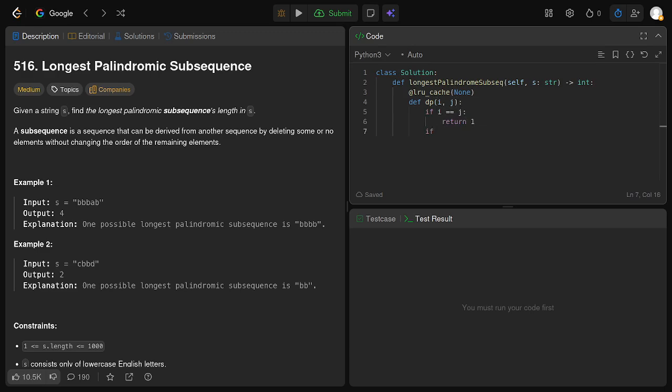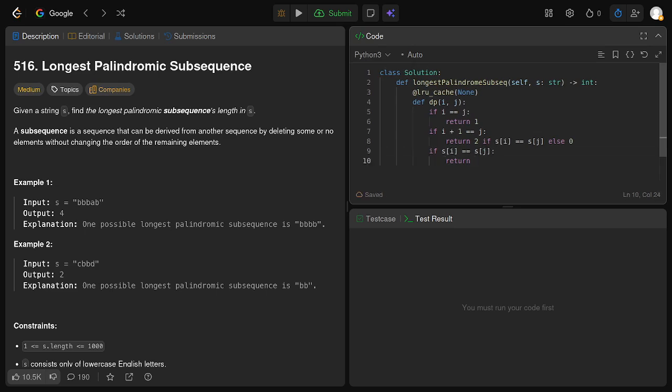If i plus 1 is j, return whether s[i] equals s[j]: 2 if that is the case, else 0, right? And otherwise, if s[i] is equal to s[j], we return dp(i plus 1, j minus 1) plus 2.